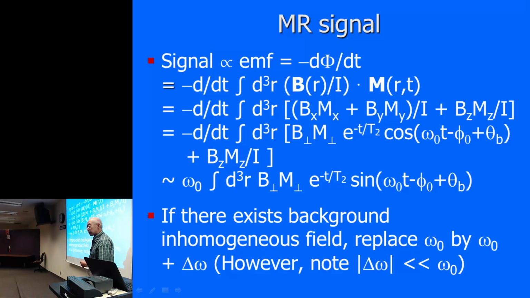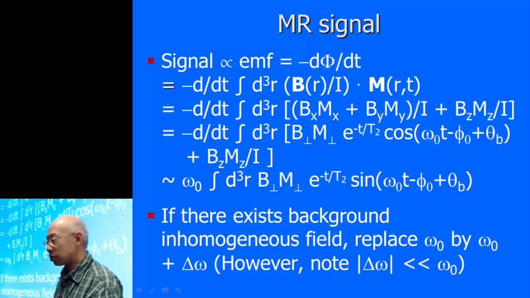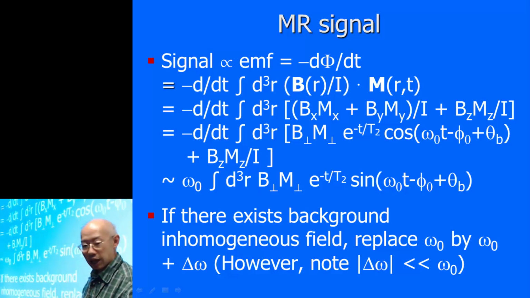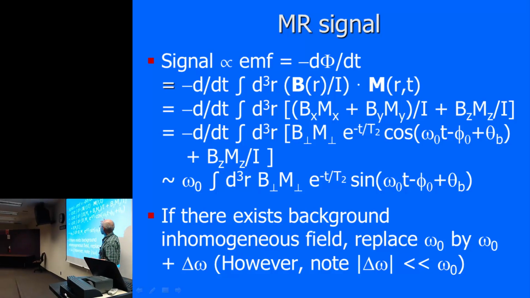Now, another important point. Right now it looks like a small point to you, but it is actually important later on. Back to here, remember when you solve the Bloch equation, if you just have a simple version of the Bloch equation, and you just worry about the T1 regrowth and the T2 decay, and you don't have field inhomogeneity, then your precession frequency will just be this omega naught, that's your Larmor frequency, which equals gamma times B naught.